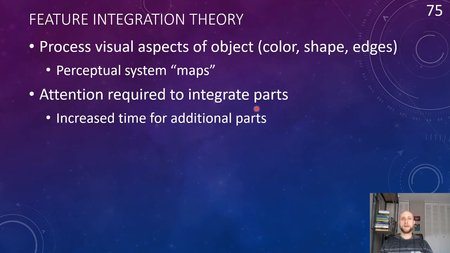As we add and integrate more maps, more mental perceptual maps, we have to use our attention more, and it takes more time because we're trying to assemble everything accurately, and so that takes more time to layer on these different features to understand.